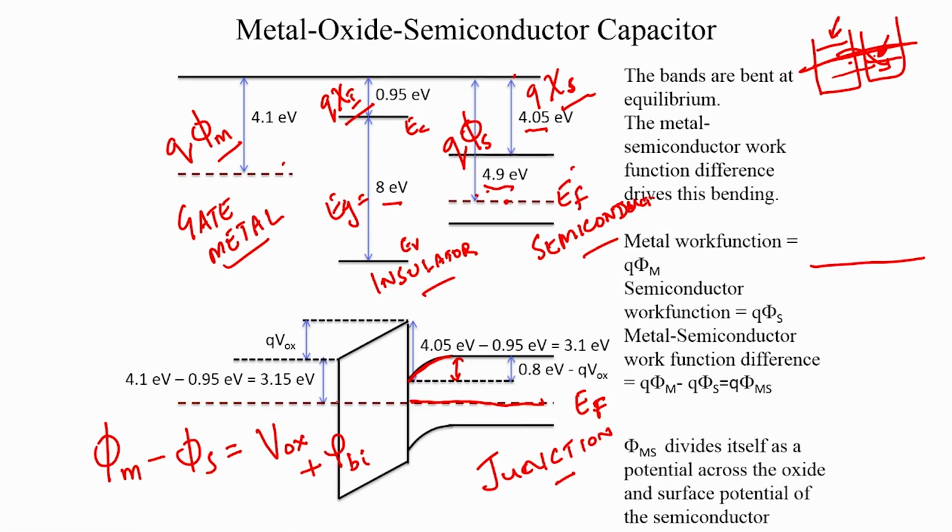Okay, let us come to the gate metal insulator interface. So, you see this barrier here.